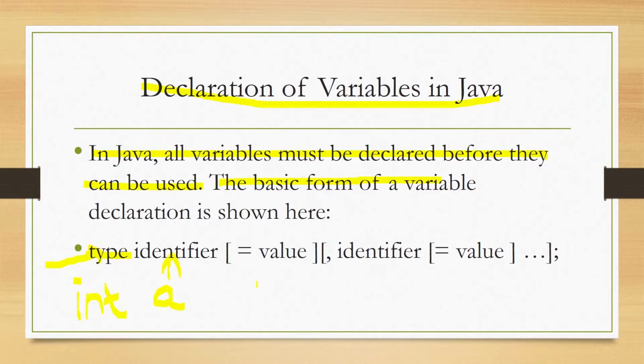Then we saw the optional initializer. Equal to, we gave the value 5. This part is optional, but we saw how to do it. So type, identifier, and optional initializer. In this pattern we declare a variable.